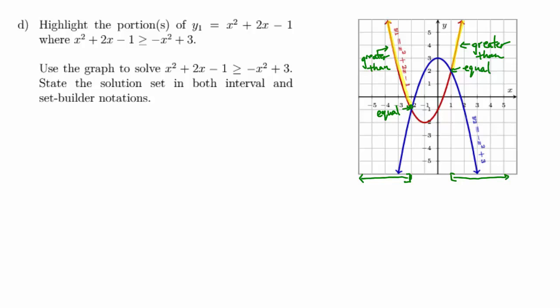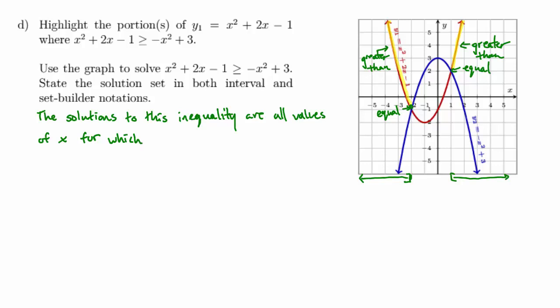So looking at what values of x are going to make this true, the solutions to this inequality are all values of x for which x is less than or equal to negative 2, or x is greater than or equal to 1.